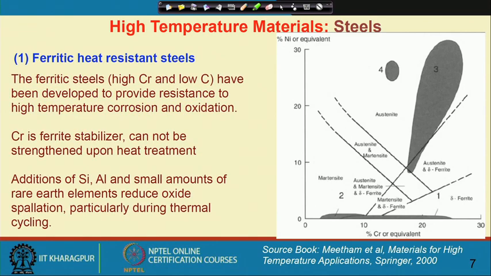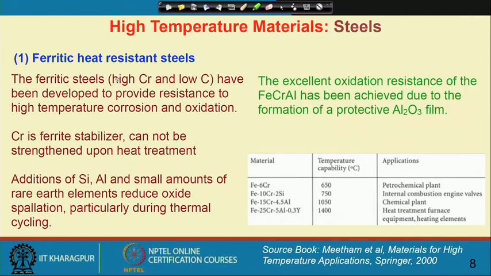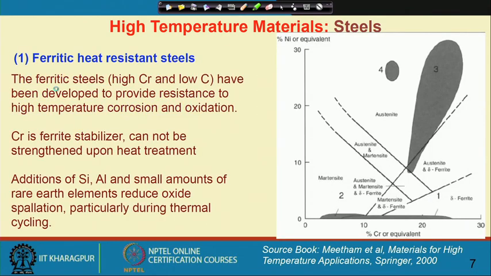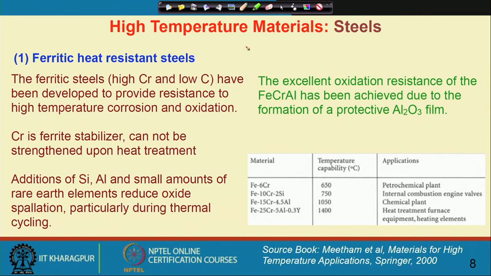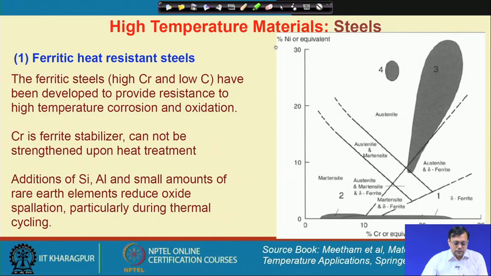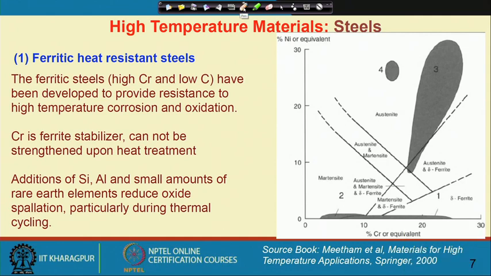Now, the ferritic heat resistant steels are basically high chromium and low carbon containing steels. These alloys are developed to provide resistance to high temperature corrosion and oxidation. We are talking about the alloy additions here.